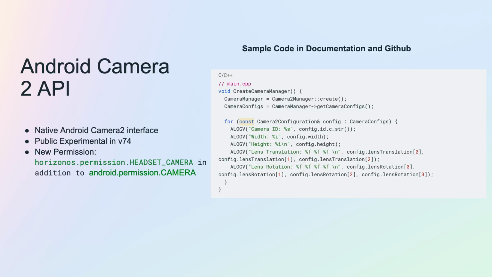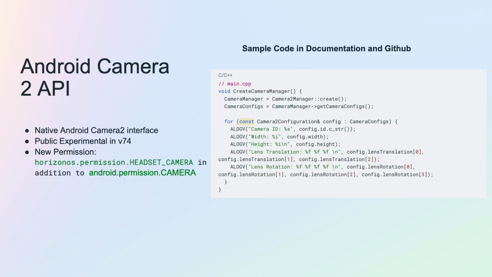I know that first word looks a little goofy there, but that's Horizon OS permissions headset cameras. So you do have to specifically request it, in addition to the standard Android Camera 2 permission. We will, of course, provide sample code both in the documentation on the native side and on GitHub, and that will again be available starting this upcoming weekend.